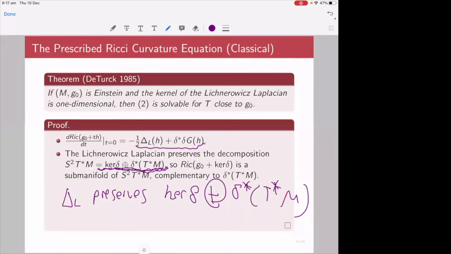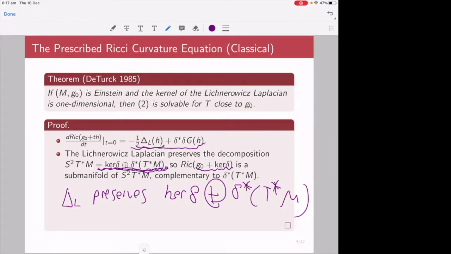Okay, that's great. So because this operator is nice and elliptic, what you can show is that if you look at the Ricci curvature map applied to not the whole space of symmetric 0-2 tensor fields, but if you just apply it to metrics which look like this, so your reference metric plus anything that's divergence free, then that is going to be a Banach submanifold with appropriate notions of what Banach spaces we're dealing with here.